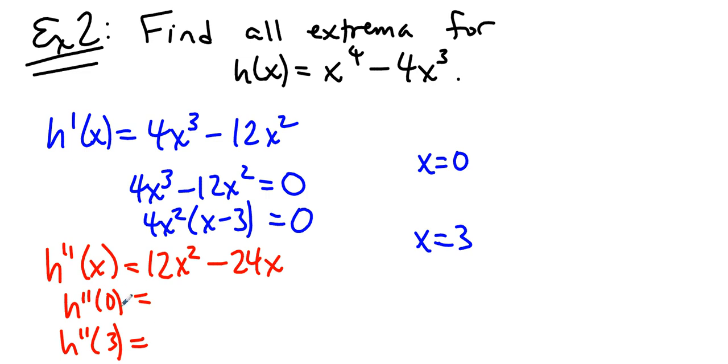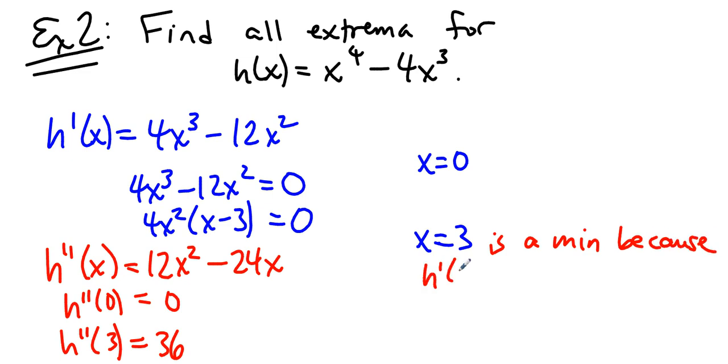Well, h double prime of 0, that's 0. And h double prime of 3, that's 108 minus 72, that's 36. So here's what we know. X equals 3 is a min because h prime of 3 is 0 and h double prime of 3 is positive.